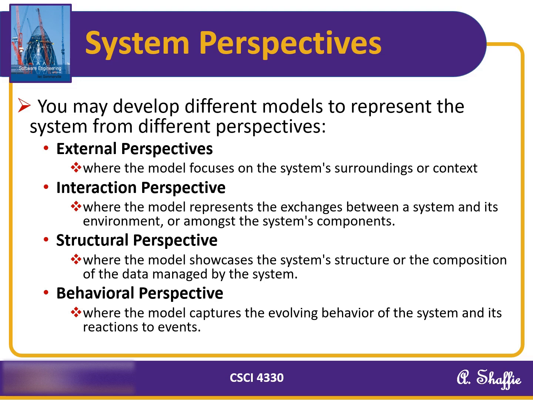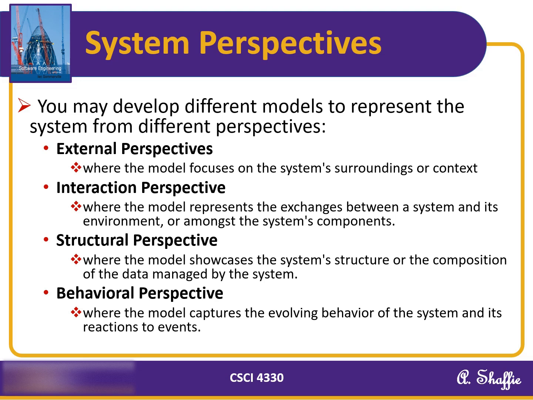Actually, we may need to develop different models to represent a system from various perspectives. And let's first ask, why do we need multiple perspectives for system modeling? The answer lies in the complexity of systems. Complex systems cannot be fully captured or understood with just one model.